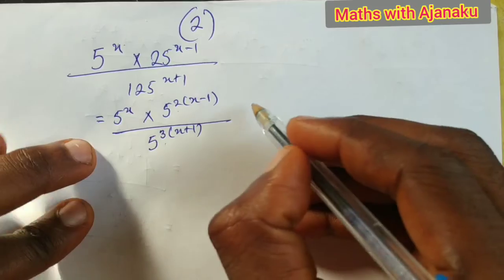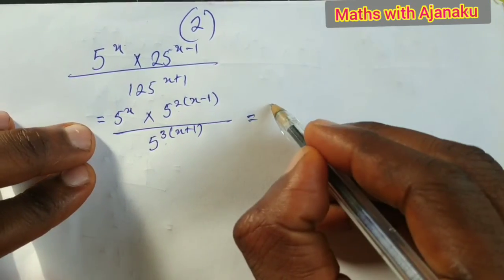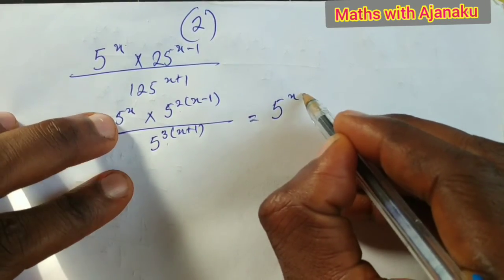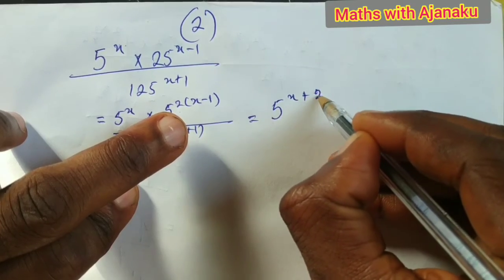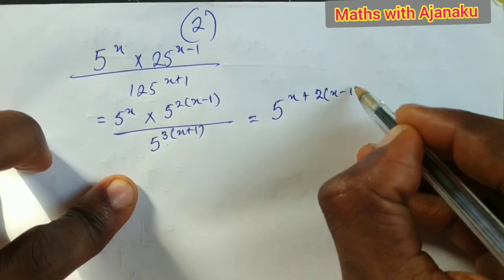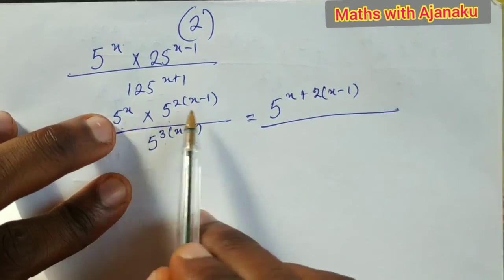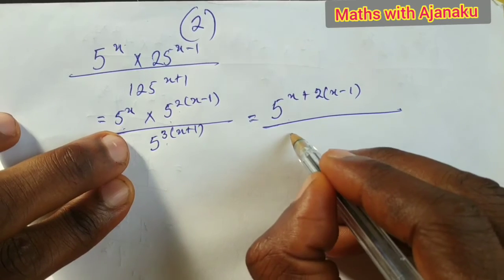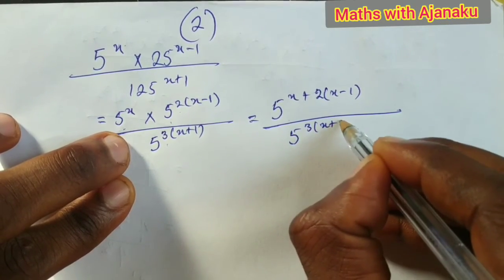Now, by simplifying further, the top can be simplified. Using the first rule, this becomes 5 raised to power x plus 2 into bracket x minus 1, because we have the same base but different powers and we are multiplying, so you add the powers together, all over 5 raised to power 3 into bracket x plus 1.